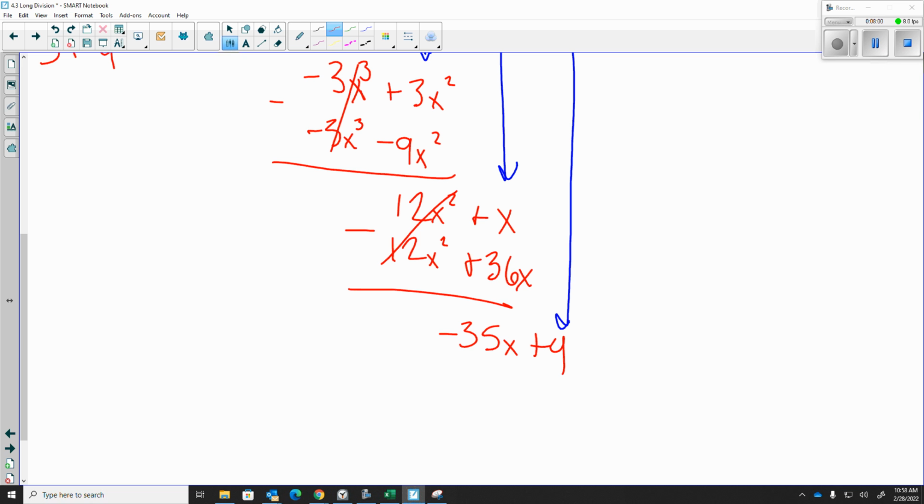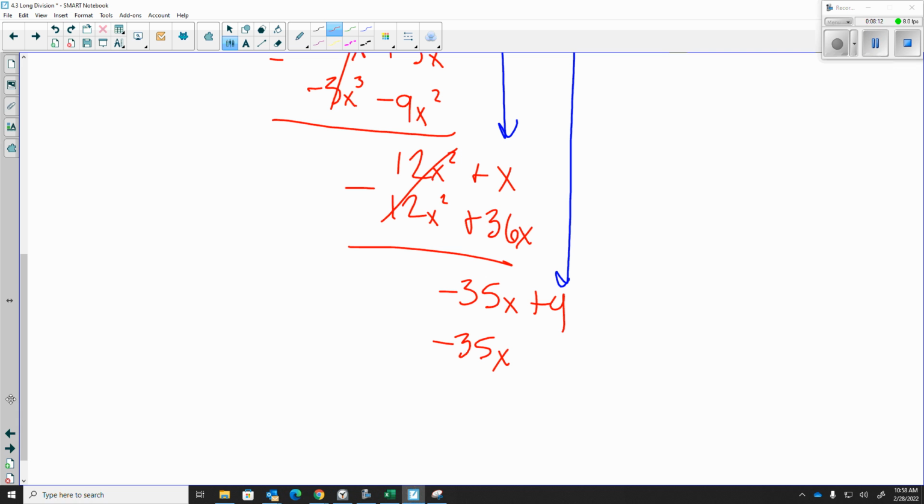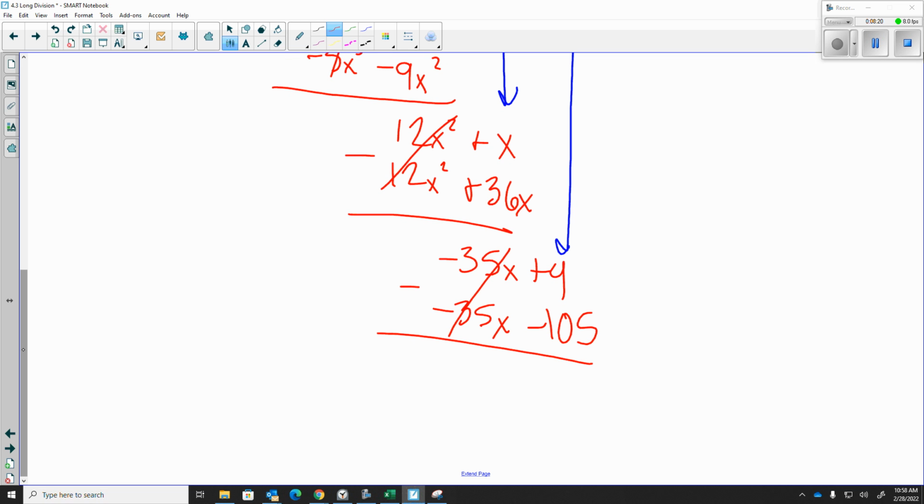And then negative 35 times 3. What's that? Negative 105. Subtract. That's gone. 4 minus negative 105 is what? Positive 109.